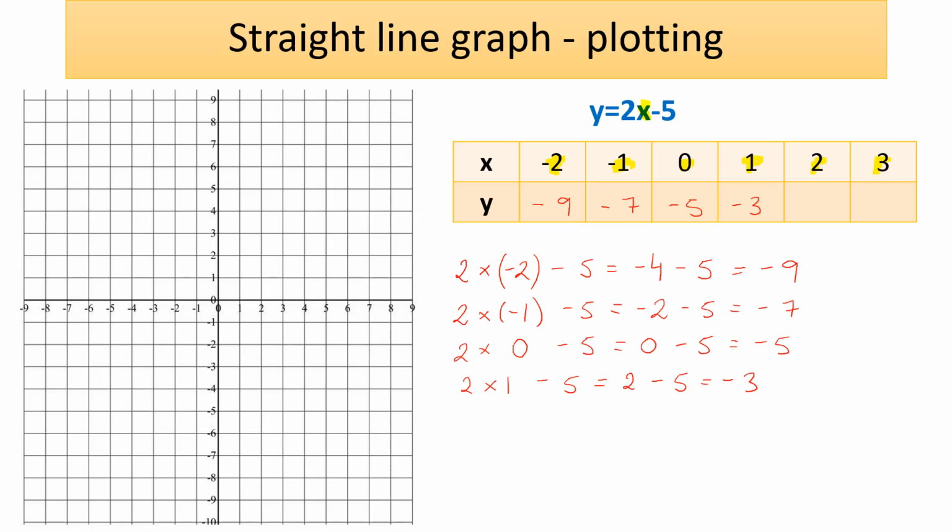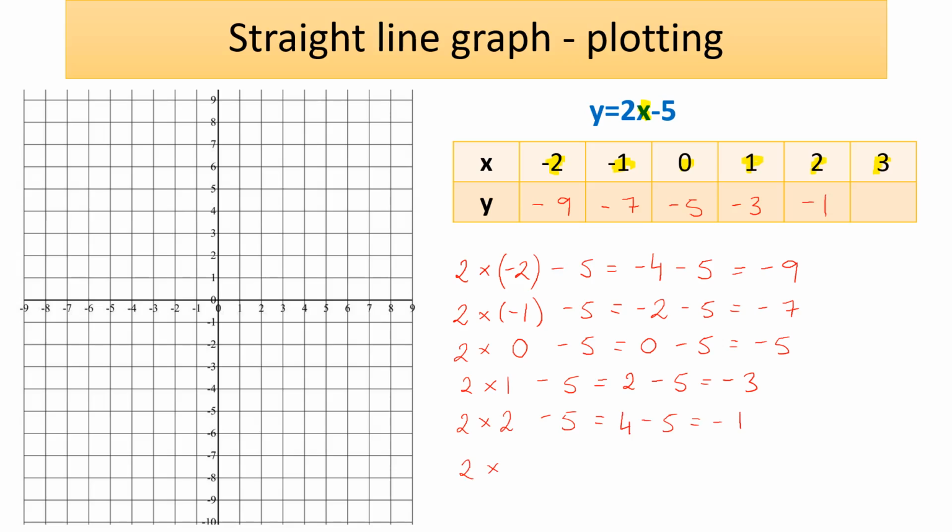You probably have spotted a pattern in the y values already. We have -9, -7, -5, -3. You can probably now predict what the next two values are going to be, but let's calculate. You need to show your working. So 2 times 2 take away 5 equals 4, take away 5, that is -1.